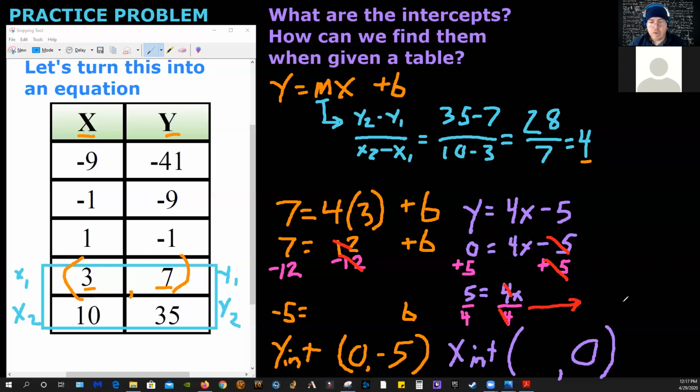So what we end up with is 5/4 is equal to 1x. So the y-intercept is at 0, negative 5, and the x-intercept is 5/4, 0.